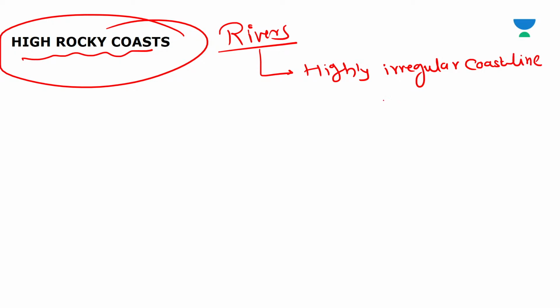The coastline appears highly indented, with extension of water into the land, where glacial valleys, that is fjords, are present. The hillsides drop off sharply into the water.